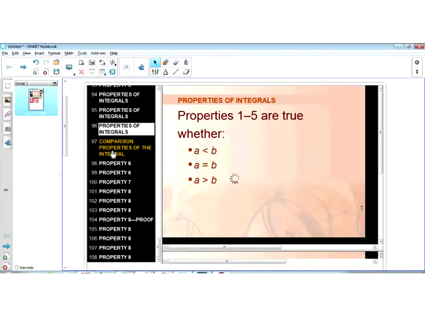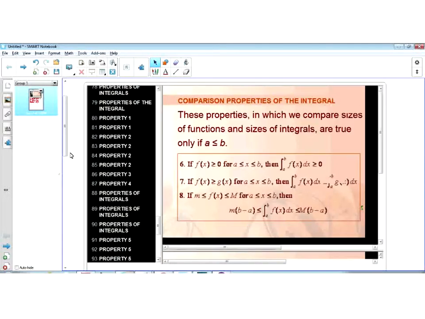Comparison properties. That means we have inequalities with integrals. So if f of x is greater than 0 on the closed interval, then the definite integral, of course, will be greater than 0, the area under the curve. If f of x is greater than g of x on this interval, then the area under the curve for f of x will be greater than the area under the curve for g of x. Stands to reason.